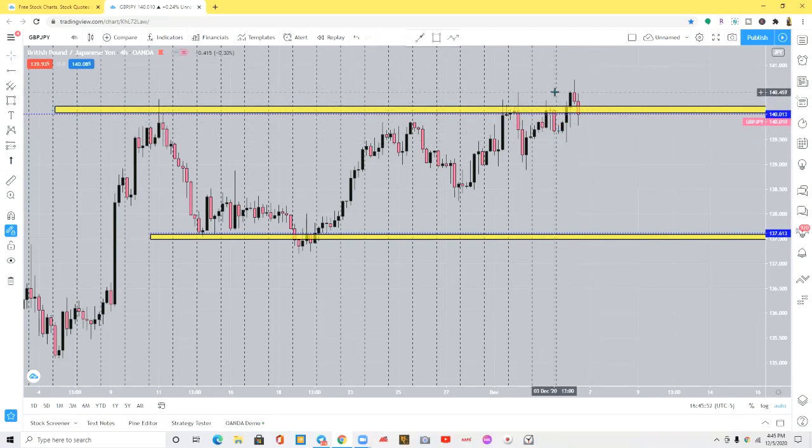It really didn't break above. If you look at it, it closed right on it. If the candle had closed at least right here, then most likely even this candle wouldn't be strong enough for this candle to continue going down.